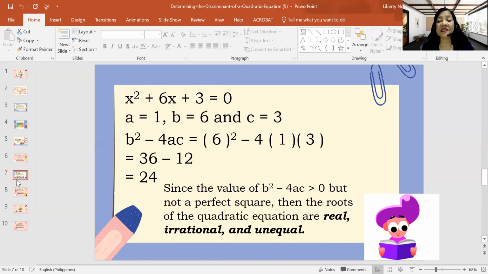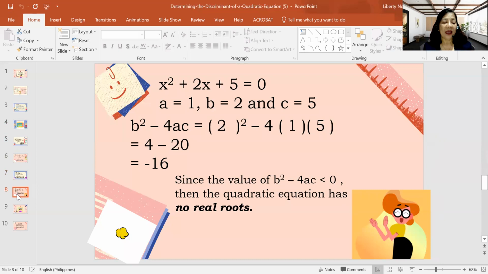Therefore, 36 minus 12 gives us 24. So the discriminant 24 is greater than 0, but not a perfect square. Then the roots of the quadratic equation are real, irrational, and unequal. When we get the root of 24, it is not a perfect square. That's why it is irrational.